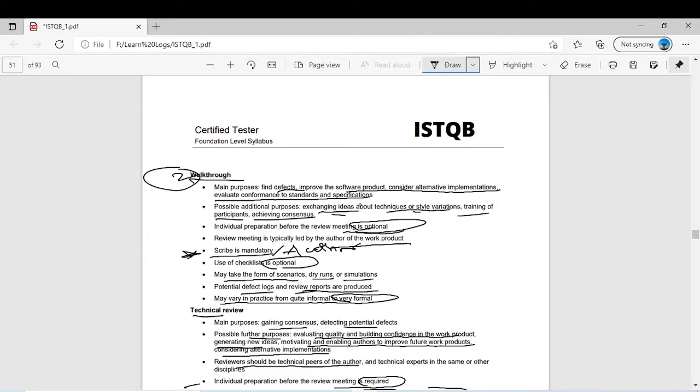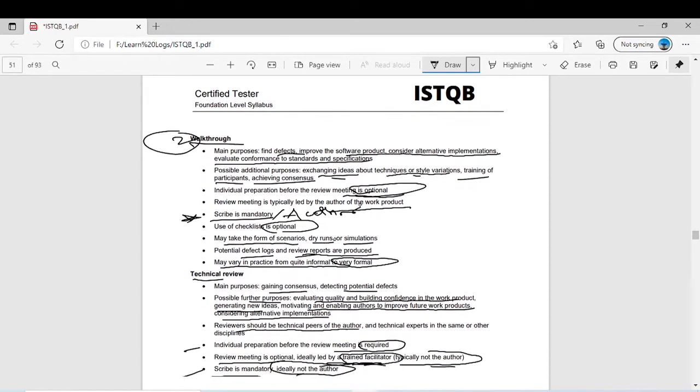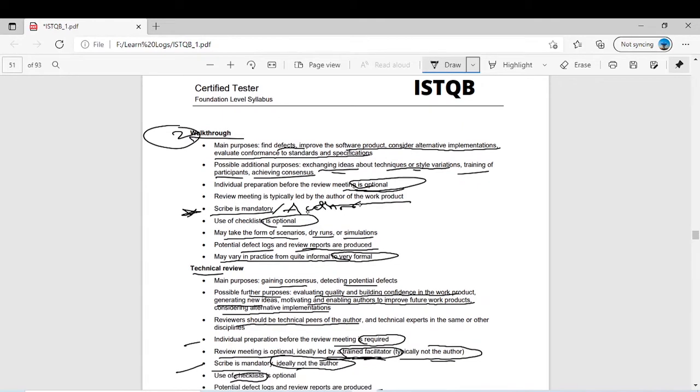As you remember from the review process, the first step was planning, then the second was initiate, the third was individual preparation. As I told you, these steps are totally followed in a formal review, but not in semi-formal or informal reviews. So again, in a walkthrough, individual preparation before the review meeting is optional. Whether you want to prepare before the meeting or not, it's all up to you.